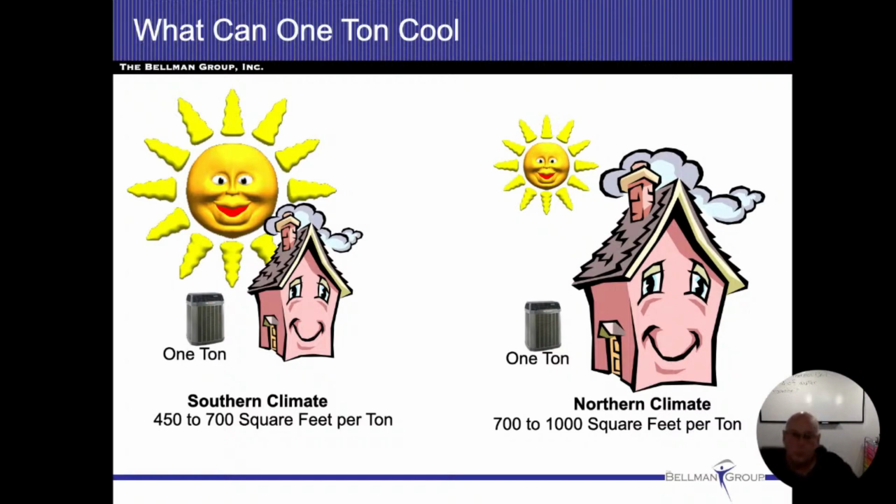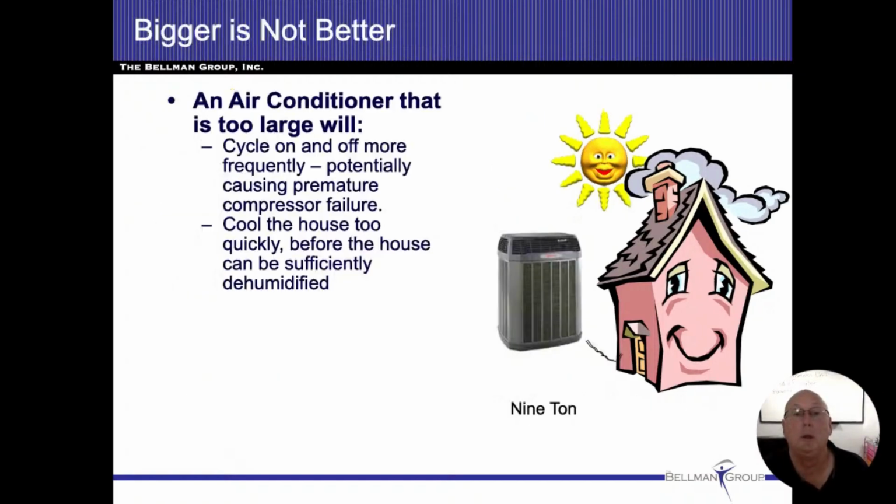All right. What we don't want to see, though, is big air conditioning systems on small homes, because the bigger the air conditioning system, the faster it's able to remove heat. Now, just getting rid of the heat doesn't always make us comfortable.